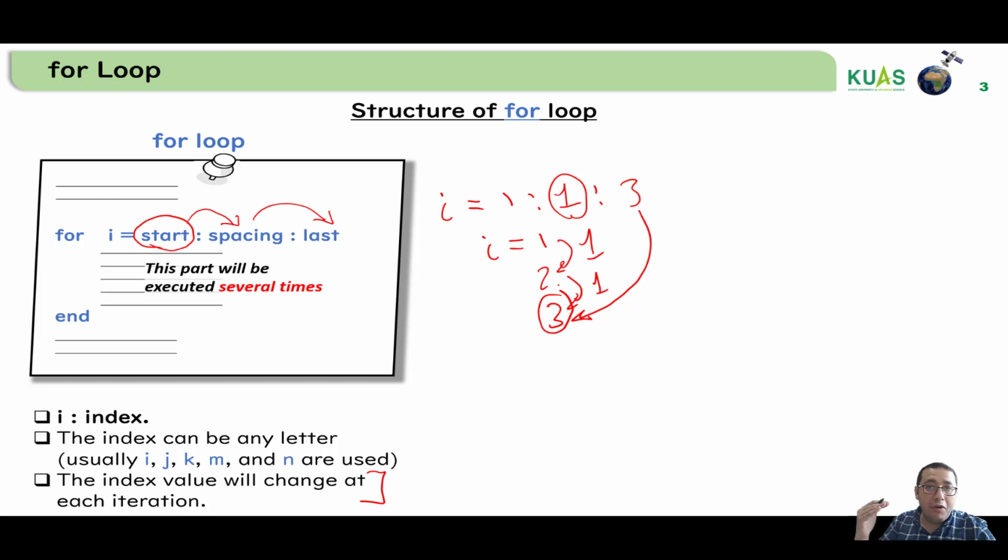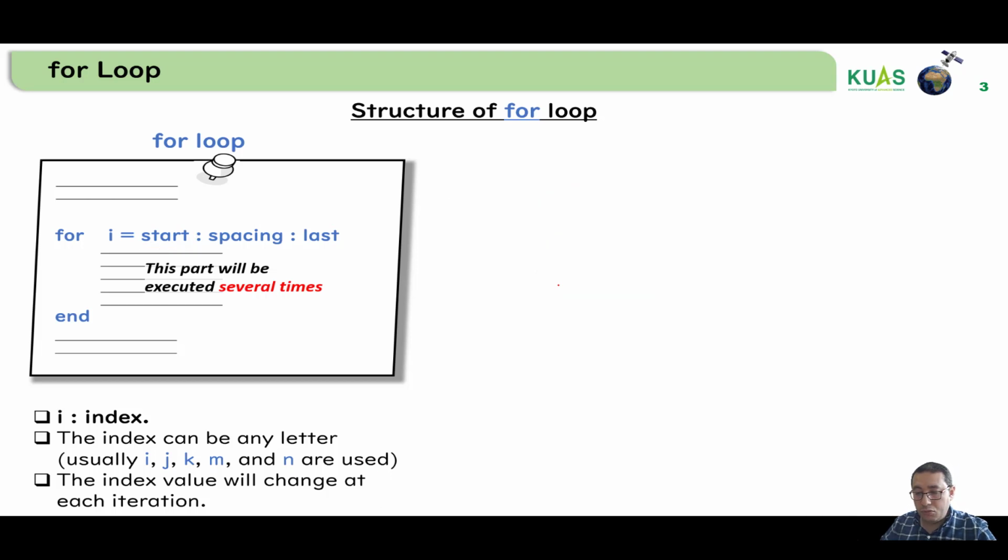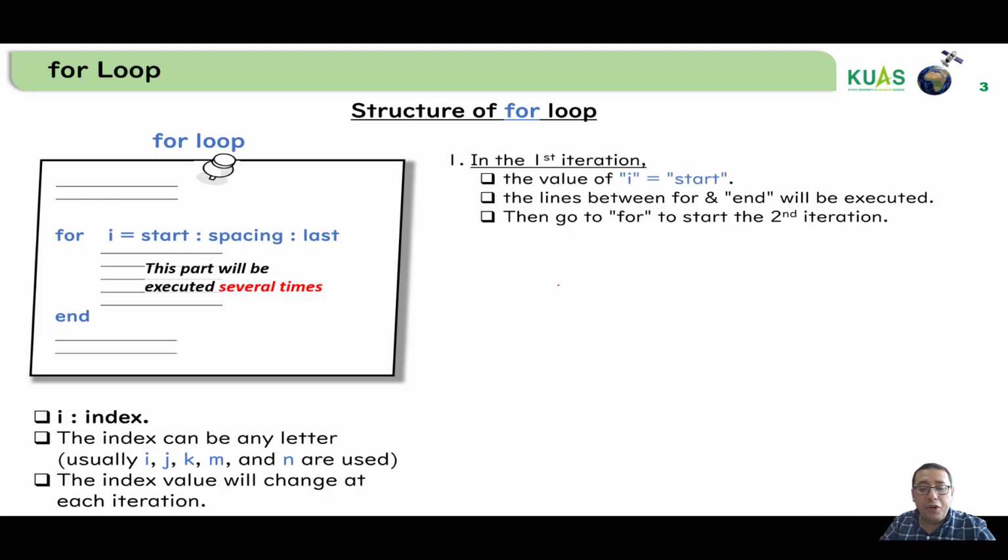So the i value will change with each iteration as follows. In the first iteration, the first time we go into the loop, the i value will be the start value. Then the lines between for and end will be executed. And then the code will go back to the for to change the i value.